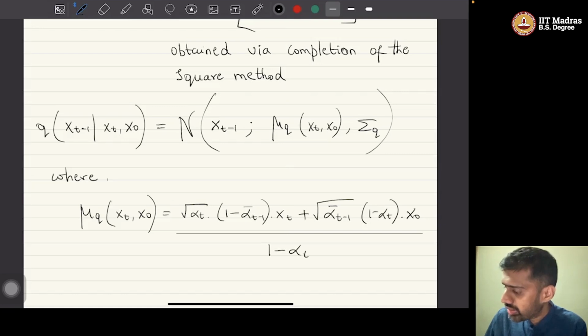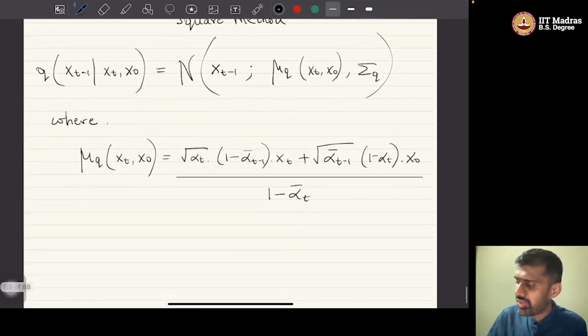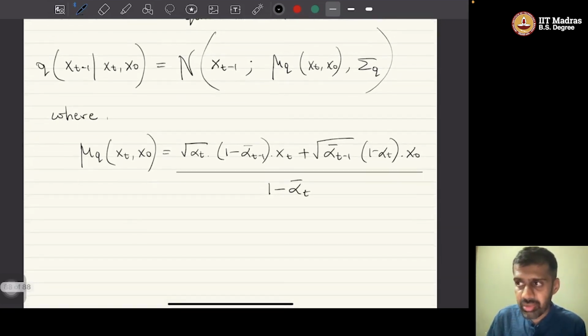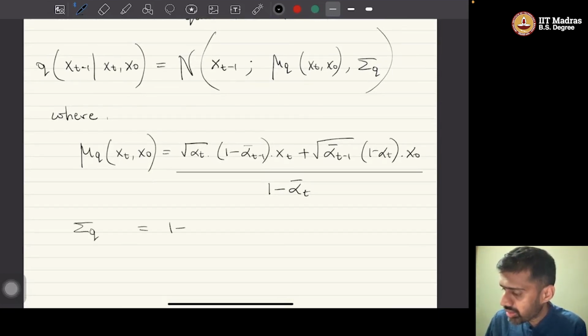So it is very evident that we know all of these and everything is computable, right? And sigma q, the variance, is given by 1 minus alpha t times 1 minus alpha bar t minus 1, divided by 1 minus alpha bar t, times the identity.